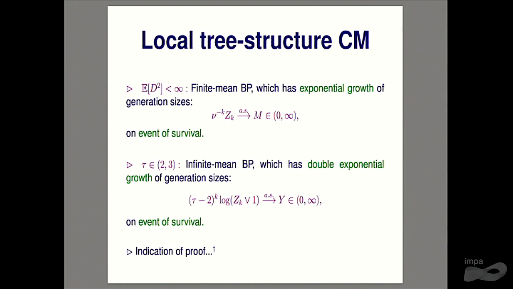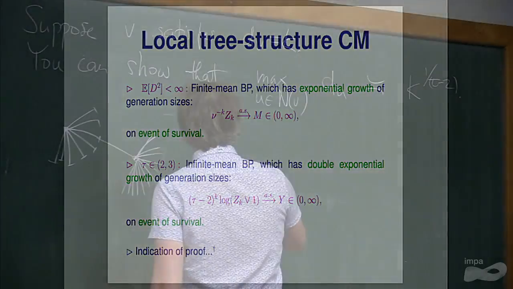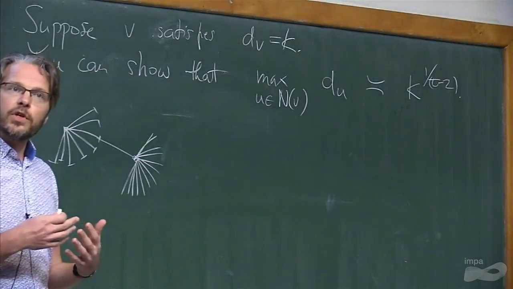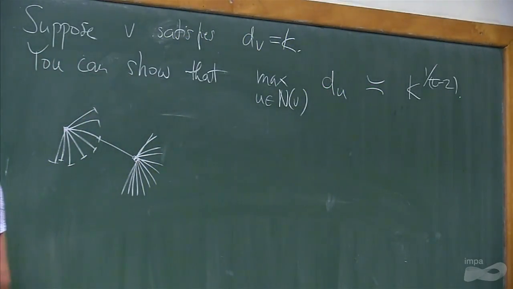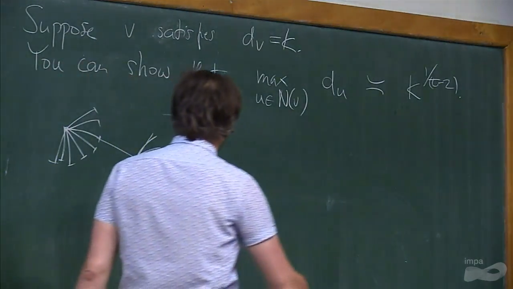Now, one thing that I also tried to explain last time, and I wrote a theorem down, was that if you do the same thing for the preferential attachment model, you get a result that is very much like this. It's just that the distances are twice as large. Let me write this down.